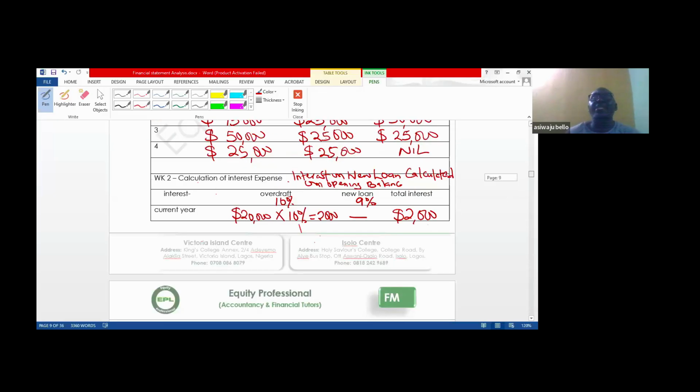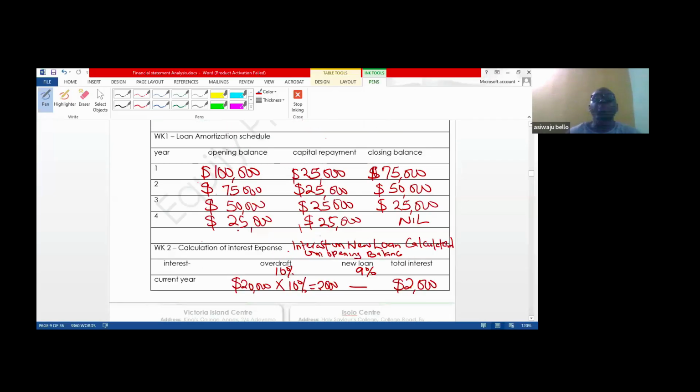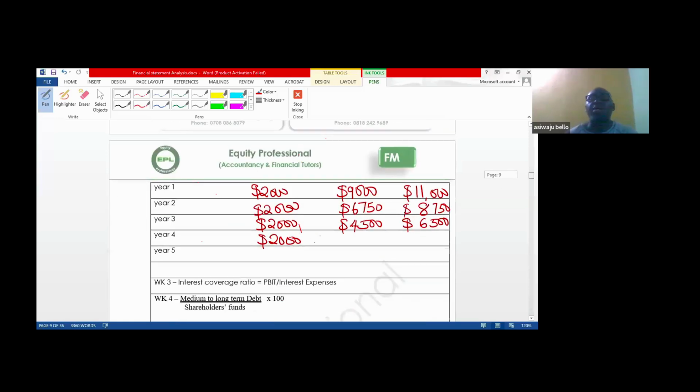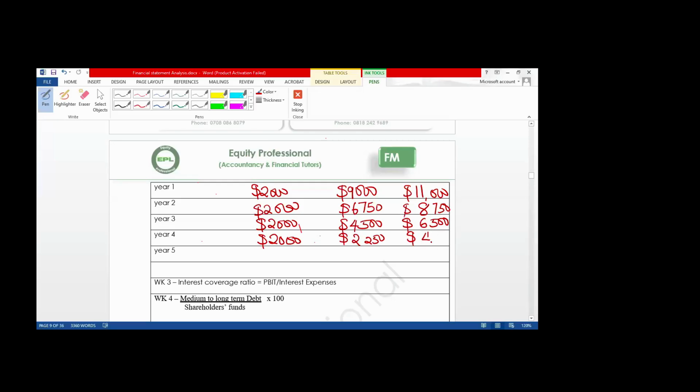For year four, interest on new opening balance, 9% of 25,000 is 2,250. Totaling 4,250.